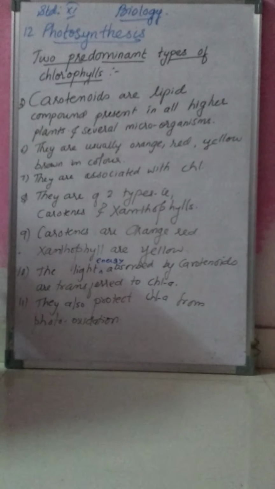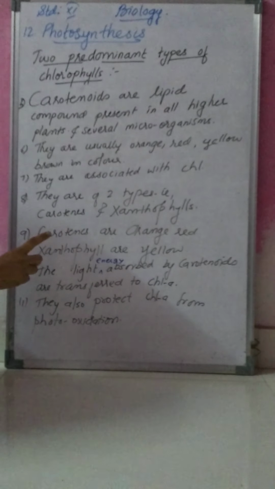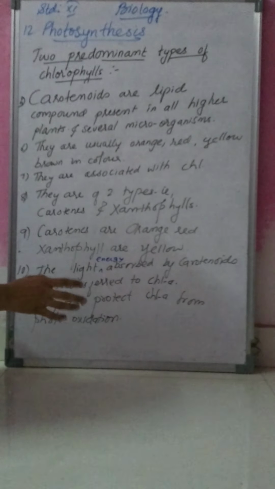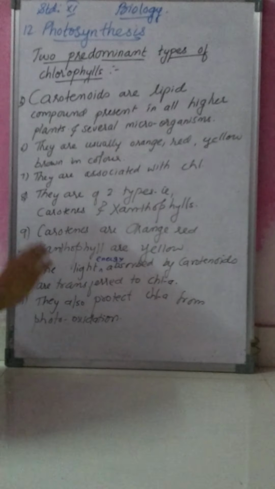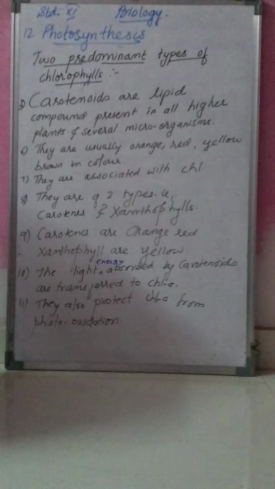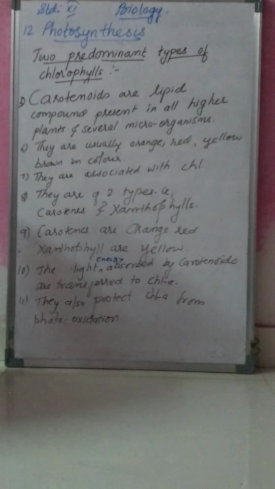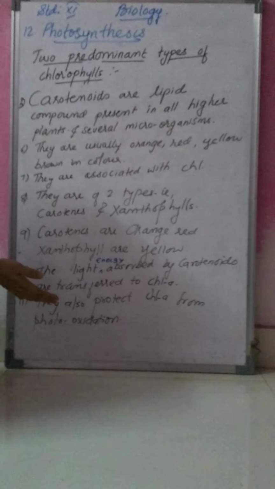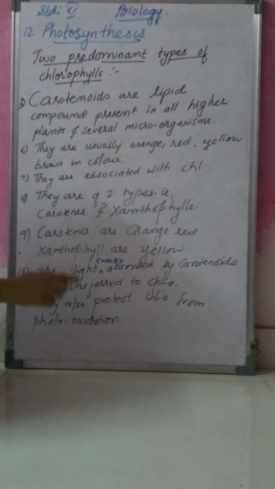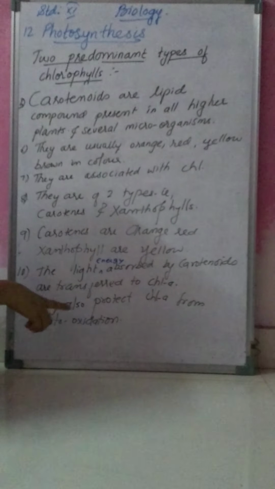All these photosynthetic pigments absorb light energy between the blue and red region of the spectrum. As they absorb light energy and transfer it to chlorophyll A, these carotenoids also protect chlorophyll A from photooxidation.